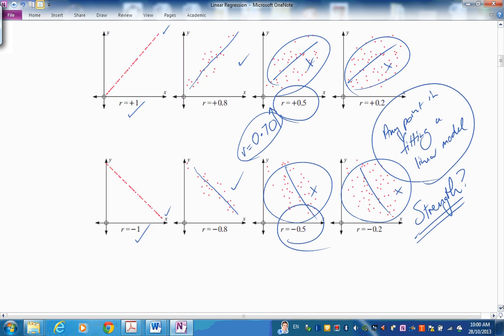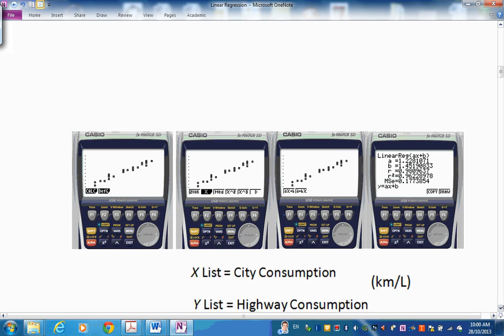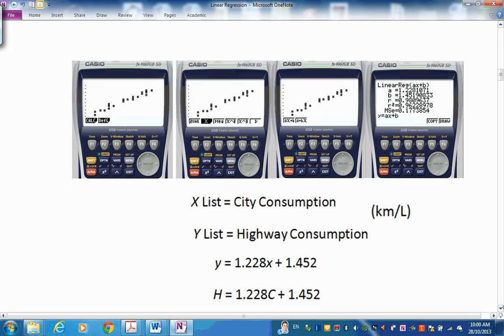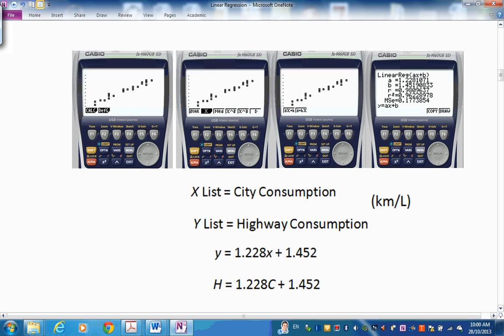All right, let's go on and have a look at some work on the calculator. Now, I've put only 22 of those data points in, from the city consumption and highway consumption for the cars from before. And can you see, I've changed this around. I've changed this so that the X list is the city consumption, the Y list is the highway. Am I right?